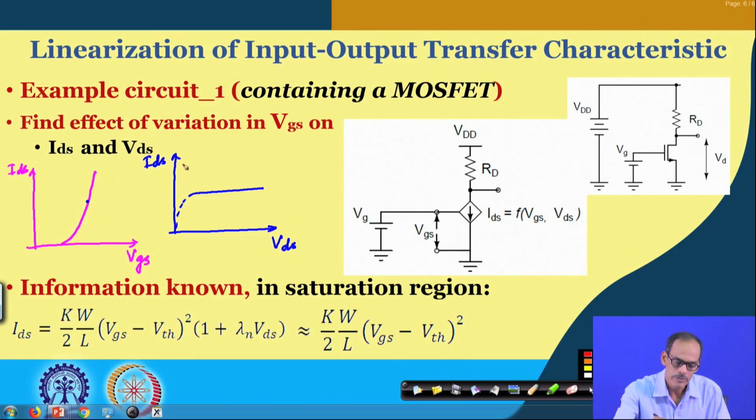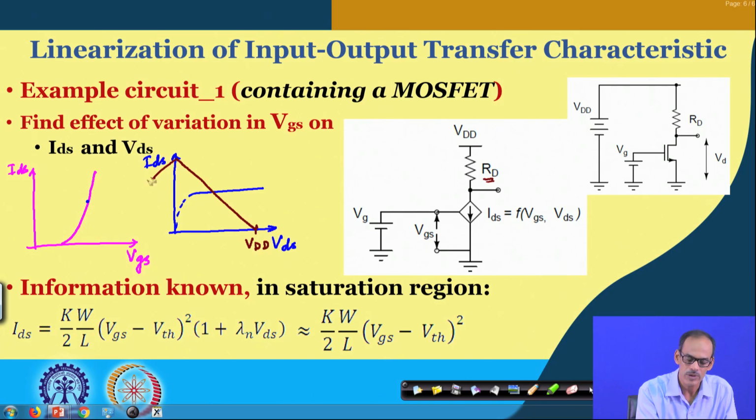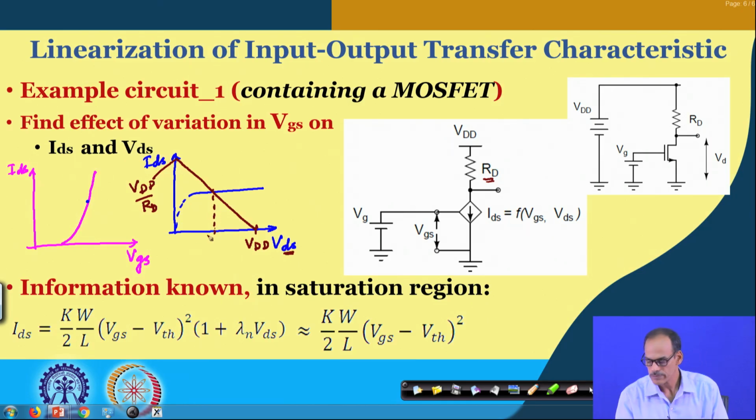And then if you draw the load line defined by this Rd and the supply voltage, this is one end of the load line, Vdd, and then the other end of the load line is Vdd divided by Rd. So, this defines the output voltage or the Vds.